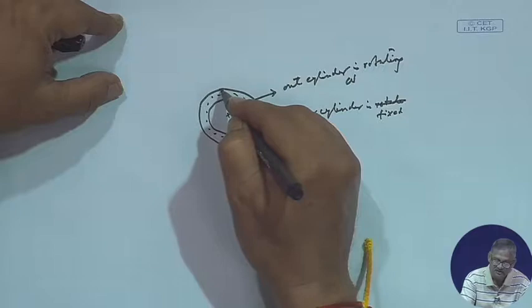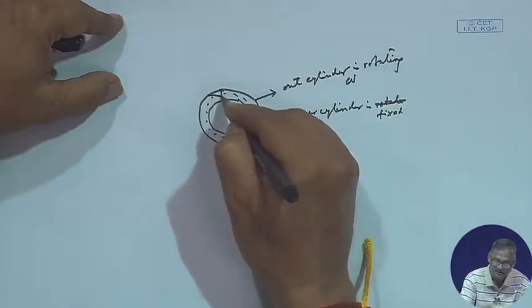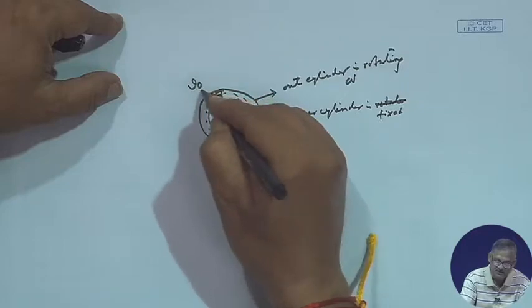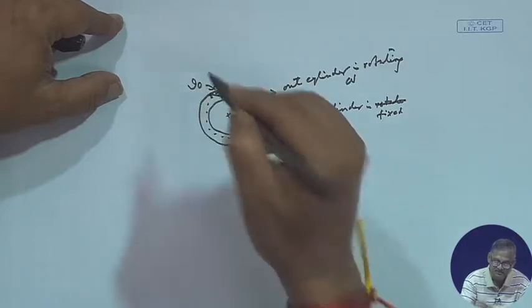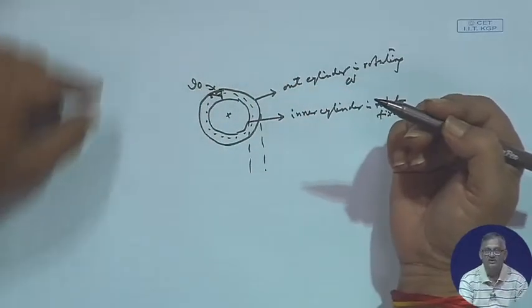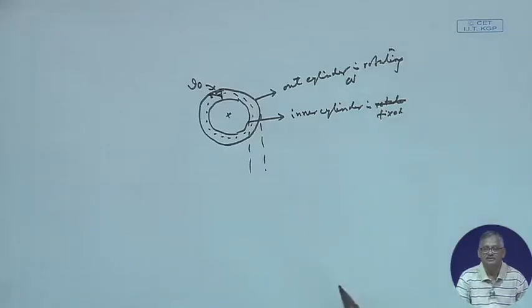And we said the velocity profile is like this, v theta. So, for this we had done the solution.